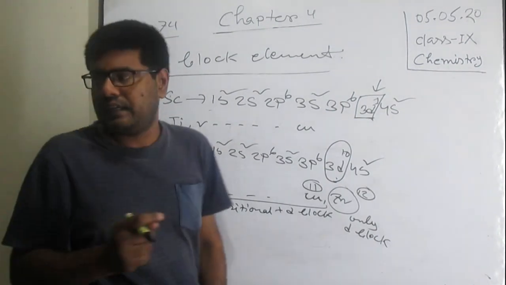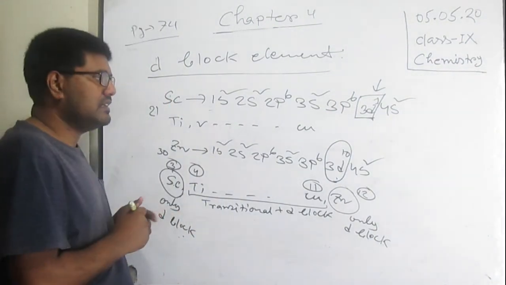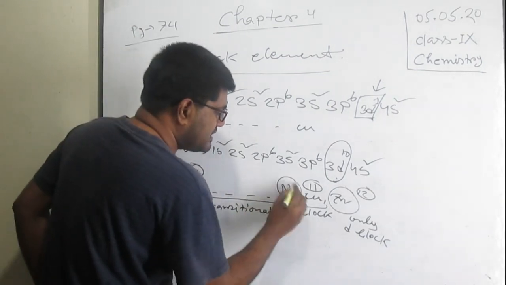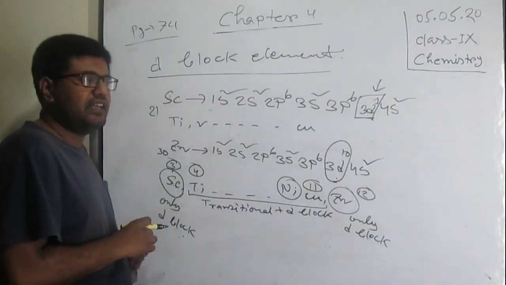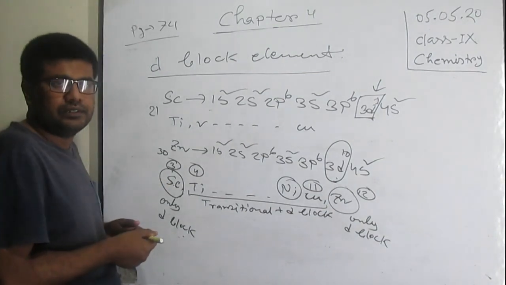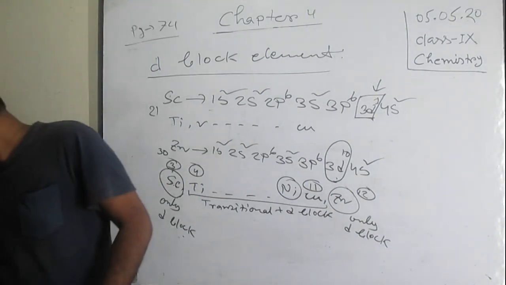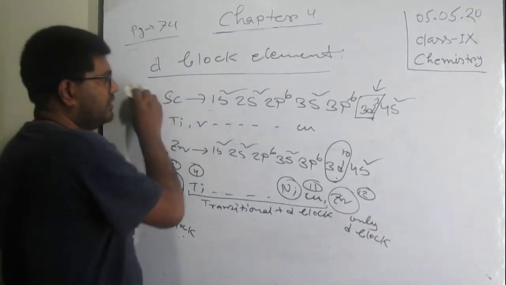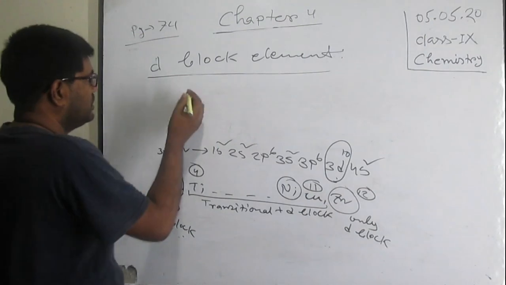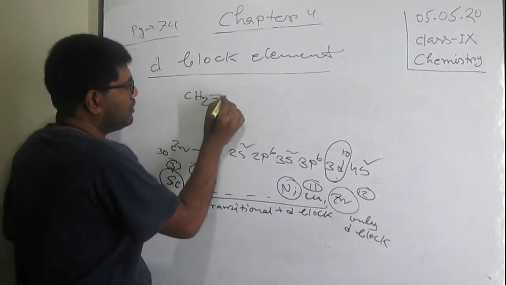And in the last line it is written that nickel, atomic number 28, this element acts as a catalyst in various organic reactions. So you can ask me, sir, how? Actually, I am writing a reaction here. Suppose CH2 double bond CH2.